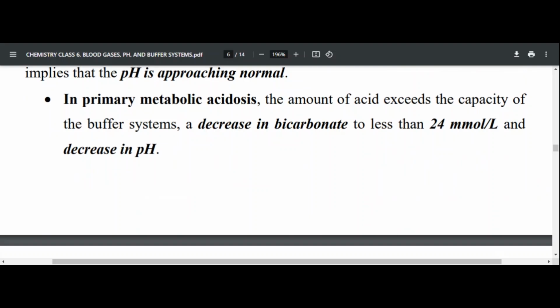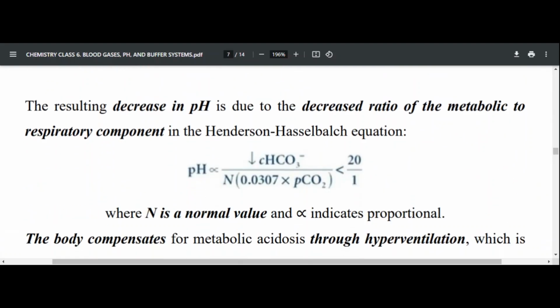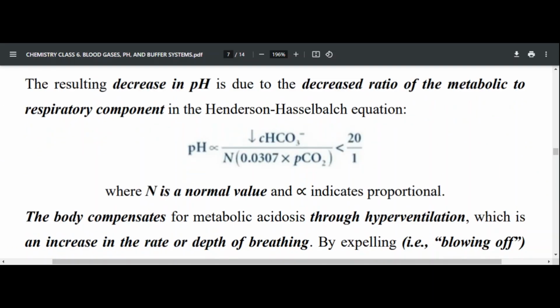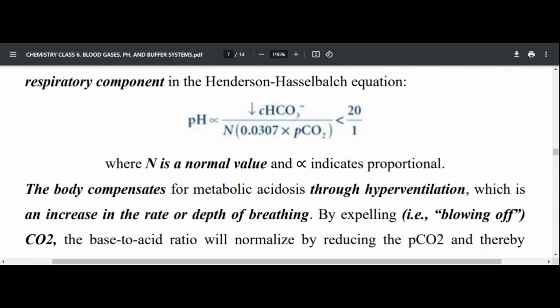So that is primary metabolic acidosis. What happens in primary metabolic acidosis? There will be alteration of our Henderson-Hasselbalch equation, and the patient gets less than the 20 to 1 ratio between bicarbonate and carbonic acid.